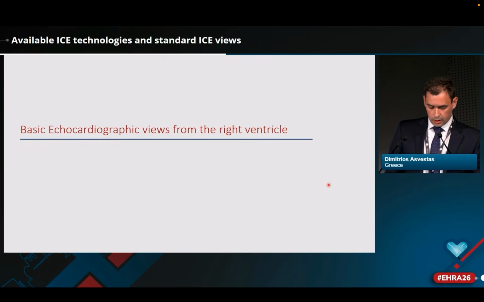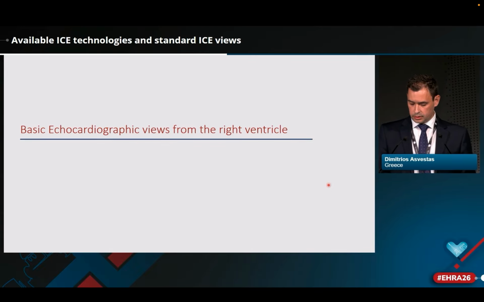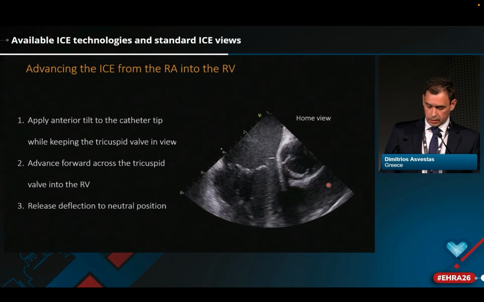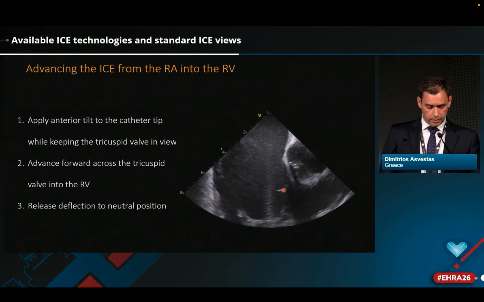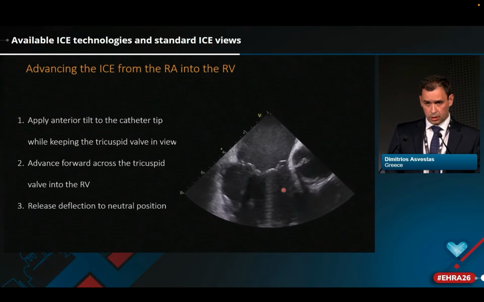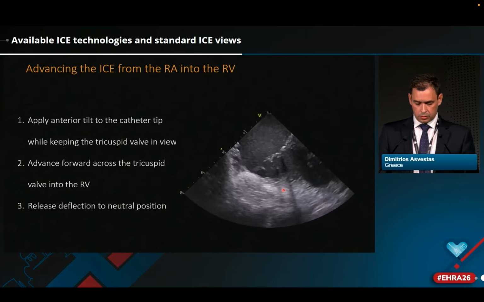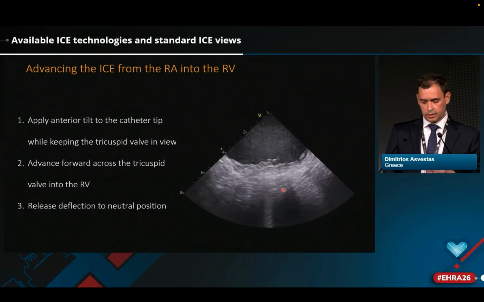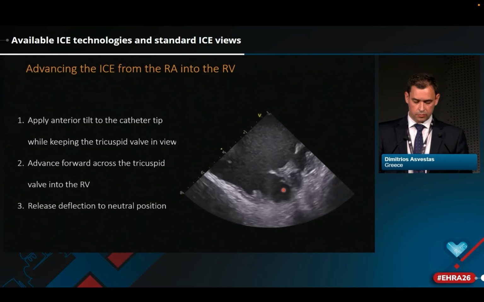So let's see the basic views from the right ventricle. The view from the right ventricle can be obtained by advancing the ICE catheter from the right atrium into the right ventricle, applying anterior tilt of the catheter while keeping the tricuspid valve in view, and advancing the catheter and then releasing deflection at the same time to neutral position in order to avoid advancement of the catheter against the inferior wall and the apex of the right ventricle.